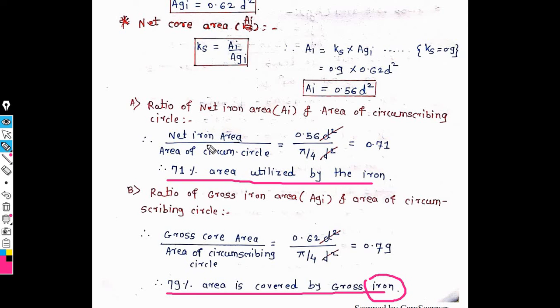Now this is the exact expression of net iron area AI and gross iron area AGI with respect to the two-step core. Another name for the two-step core is cruciform core. Now this is the final expression of net iron area and gross core iron area.